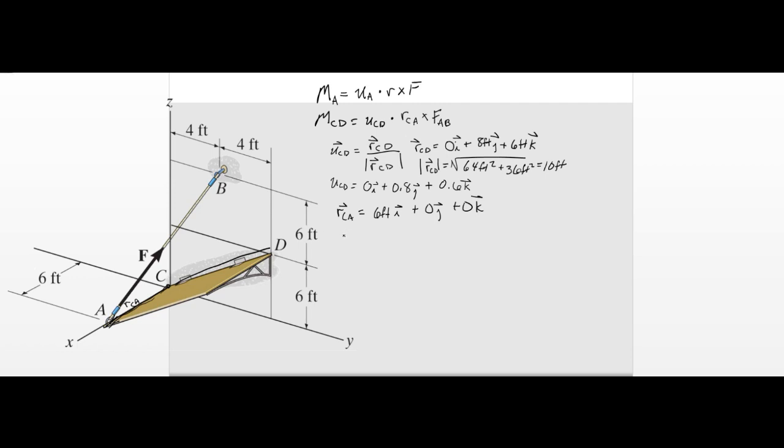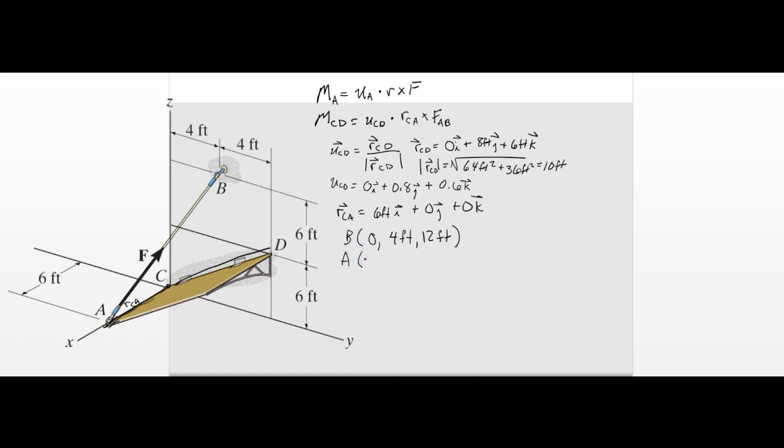So let's look at the point B. Point B is at 0 in the x direction here, because it's on this wall here, so 0 in the x direction, and 4 feet in the y direction, and then we have 12 feet, so the 6 plus 6, in the z direction.